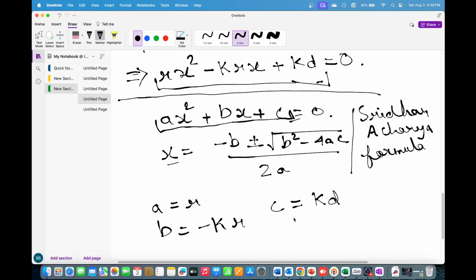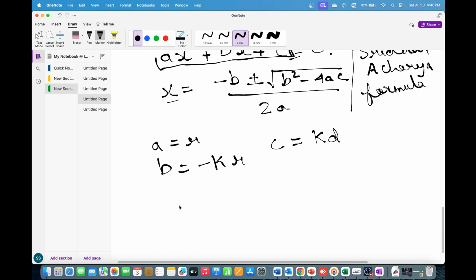Let me know if you are not following. It's just simple. We are just trying to see what the coefficients are. Here the coefficient of x² is r, which is denoted by a here. The coefficient of x is -kr, which is denoted by b here, and the constant here is c, which is given by kd. So this is what it is.